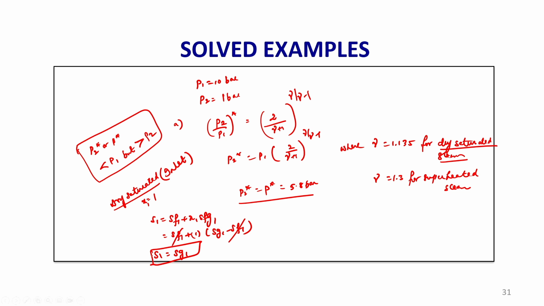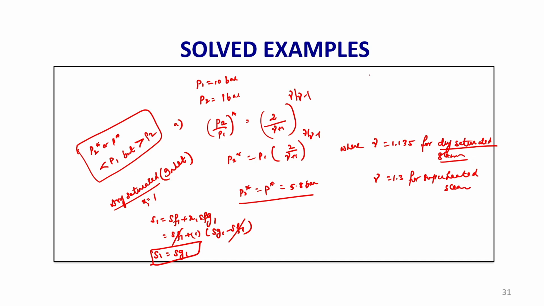the vapor entropy. If the dryness fraction is 1, then S is equal to Sg and H is equal to Hg. If it is pure saturated liquid, that means X is equal to 0, then entropy equals liquid entropy and enthalpy equals liquid enthalpy.